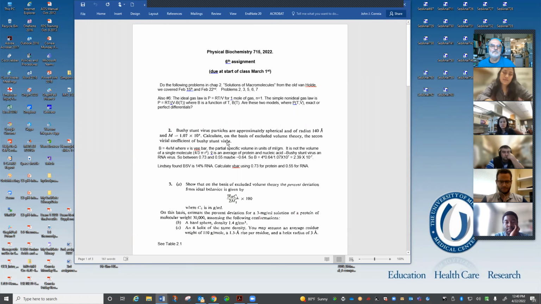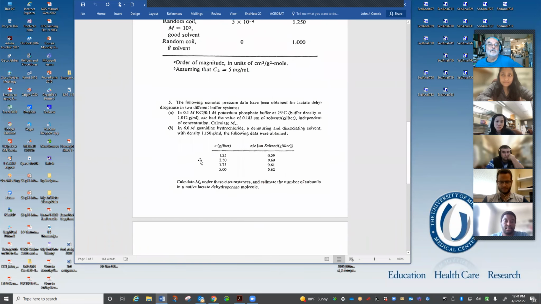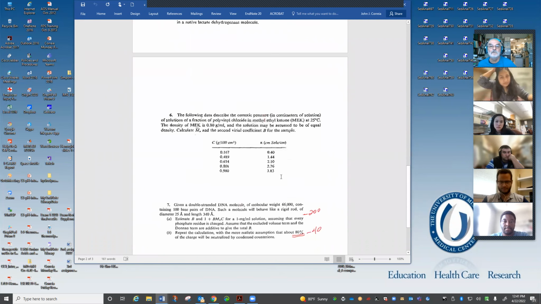I think I've already told you that not all of you have turned in 6. Some of you had turned in 2 using this 4/3 pi r cubed, so I can return these to you. I was waiting for other people, but it's time to return these to the people who have already turned this in. I think 6 is the other one giving people trouble because they're coming up with funny numbers. So something needs to be redone for number 6 for the 3 students who have turned in their homework.